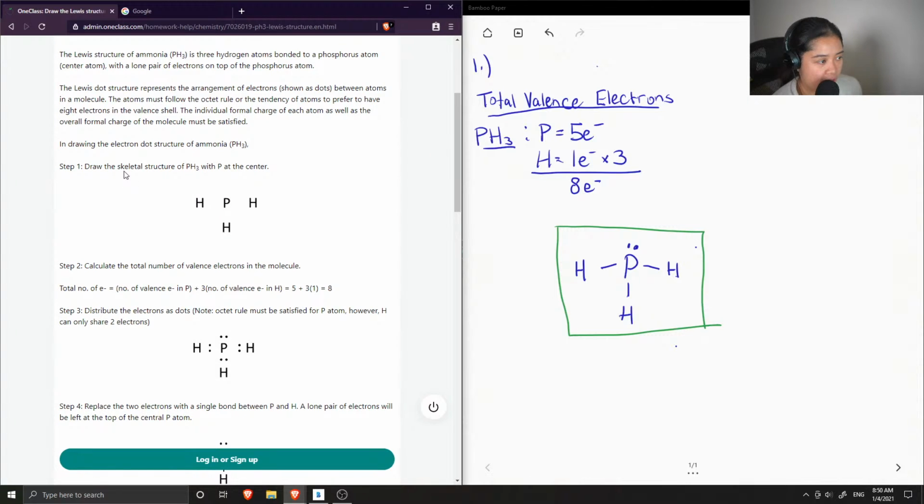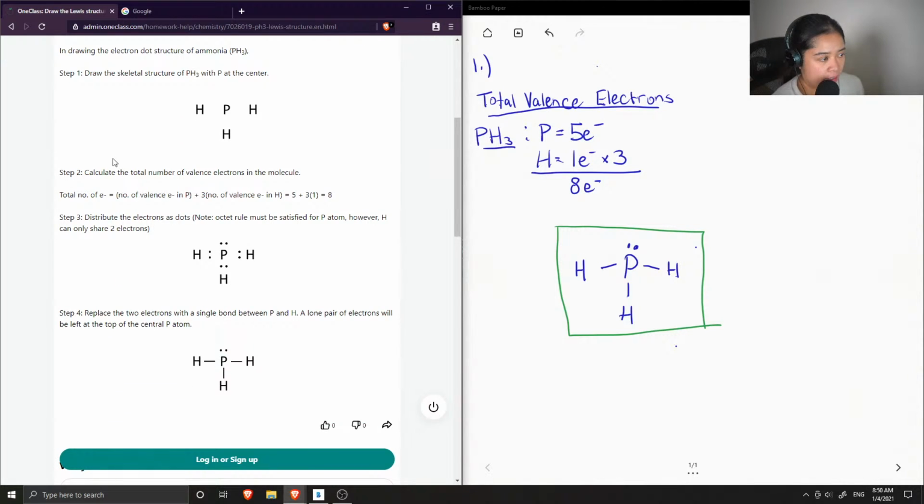Step 1 is to draw the skeletal structure of PH3 with phosphorus at the center. Okay, so step 2 is when they calculated their total valence electrons. I usually do that first, but it doesn't really matter. And here they have 5 plus 3, which is equal to 8. Step 3 is to distribute the electrons as dots.